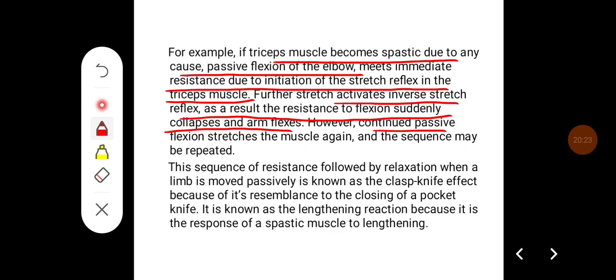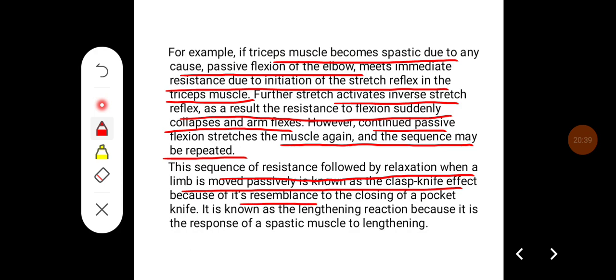However, continued passive flexion stretches the muscle again and the sequence may be repeated. This sequence of resistance followed by relaxation when a limb is moved passively is known as clasp-knife rigidity or clasp-knife effect because of its resemblance to the closing of a pocket knife. It is also known as lengthening reaction because it is a response of spastic muscles to lengthening.